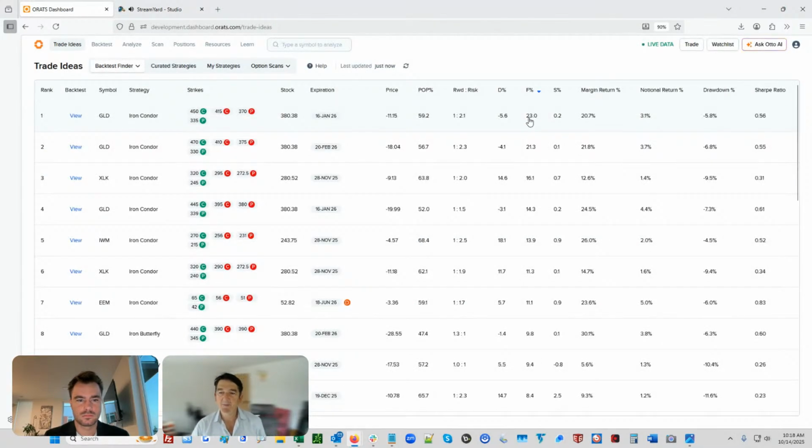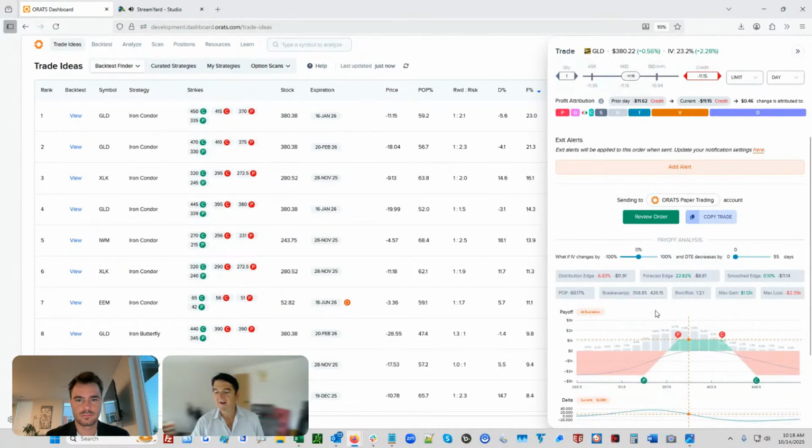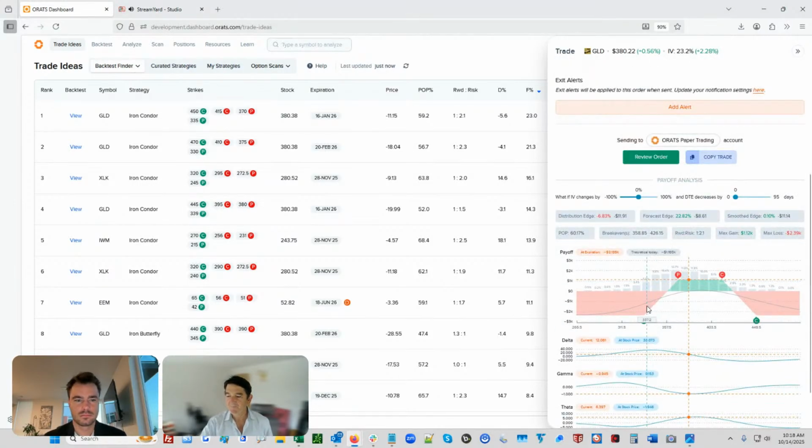From a forecast standpoint, it does look like it. Now, from a distribution standpoint, it doesn't look like it. So let's square that circle a little bit. Interestingly, in the distribution for GLD, gold in a lot of ways is very different from stock movement.